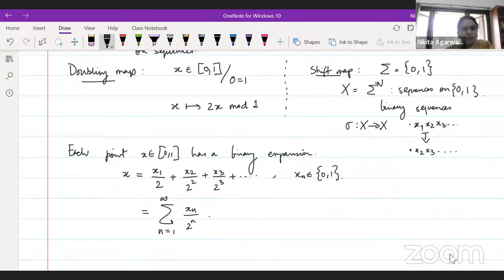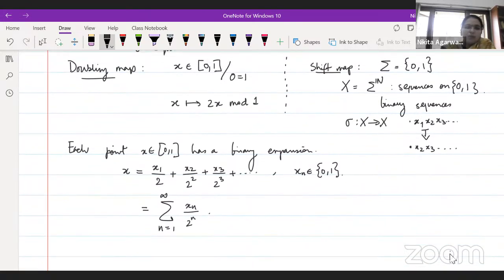Now, what about binary expansions of points in [0, 1]? Is it unique? Last time somebody asked me a question about what does doubling map do to point 0 and half.